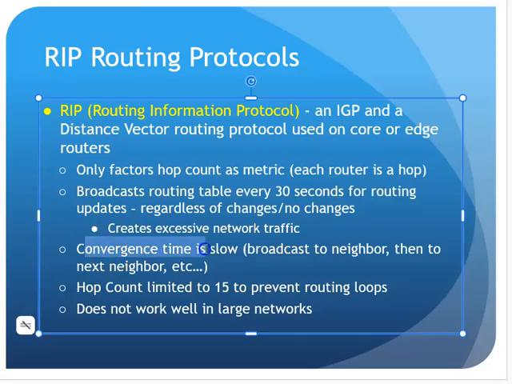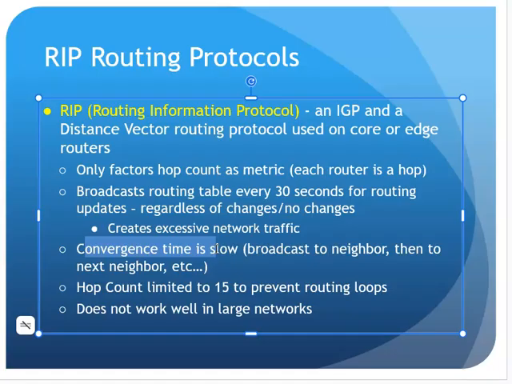The convergence time is slow because, again, my broadcast has to go to the neighbor router. They have to absorb it, update their table, and then they broadcast it out to the next neighbor. They have to absorb it into their table, broadcast it out to the next neighbor. So if I'm saying 30 seconds, let's say it's 3 routers away.